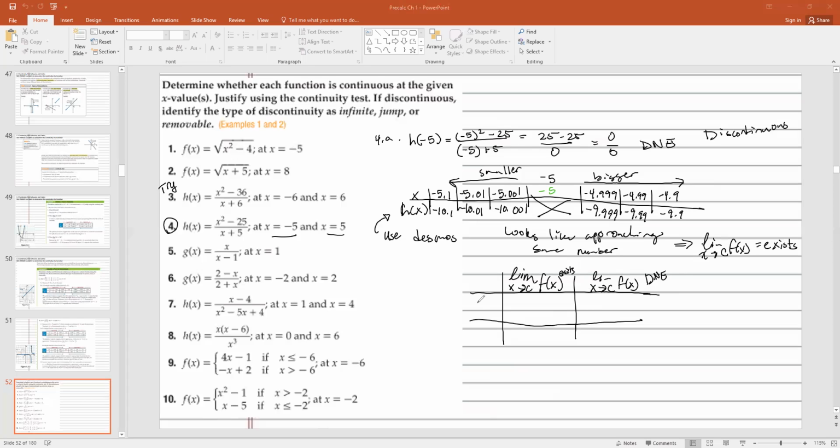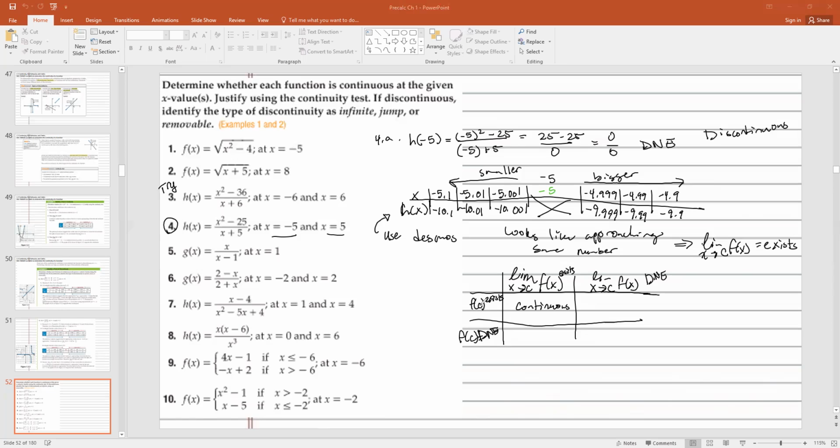And here on the left side, we're going to have f of c exists. And here, remember that equals a number. And here, f of c does not exist. Okay, so two possibilities for each of those. And then if they both exist, then it is continuous.